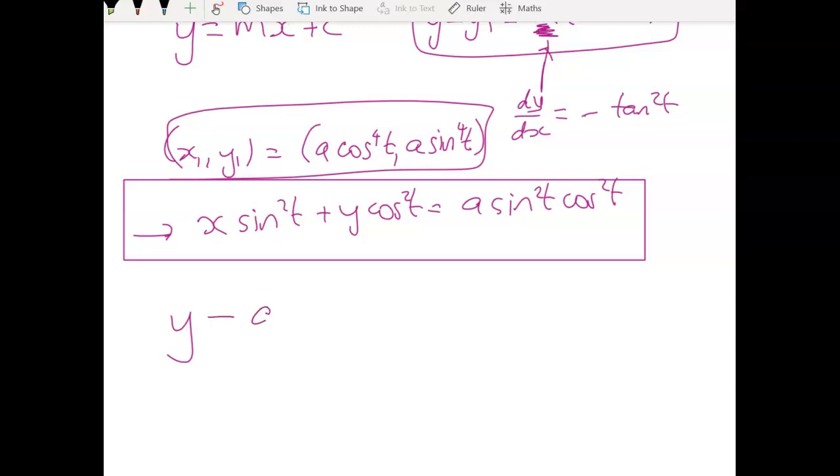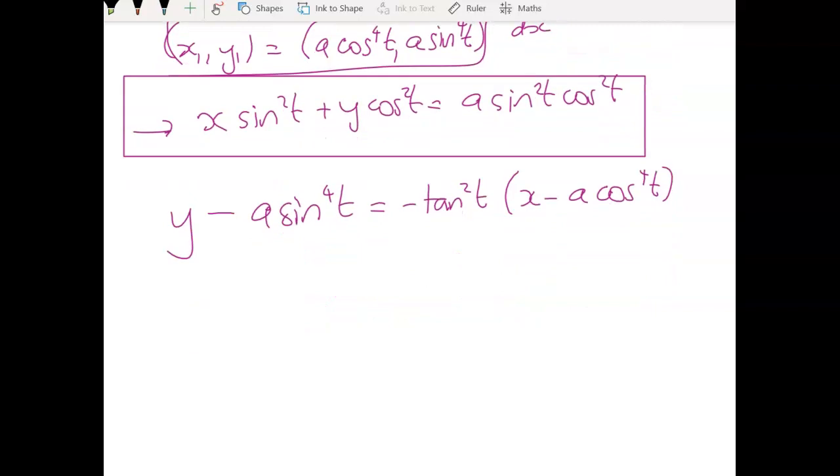So we get y minus a sine to the power of 4t is equal to negative tan squared t, so that's m, times x minus a cos to the power of 4t. We're going to clean that up carefully.